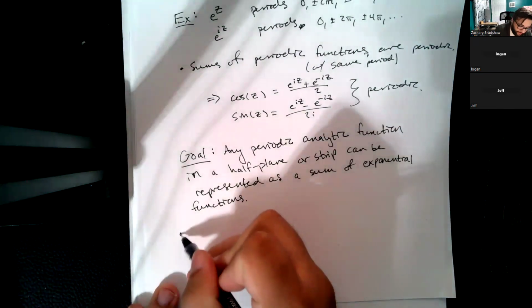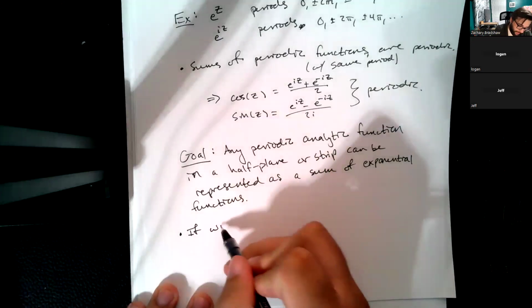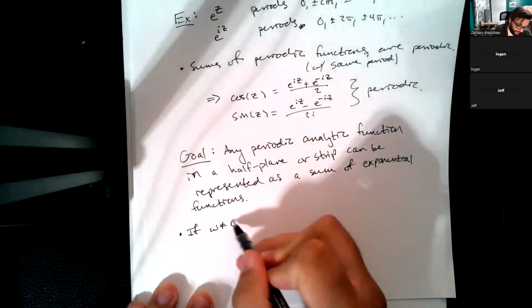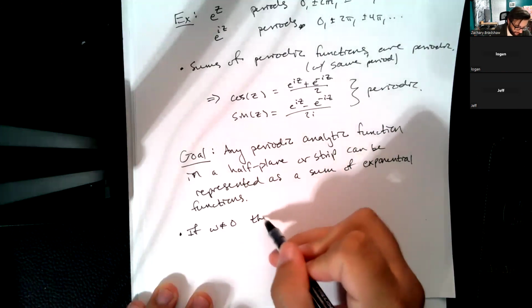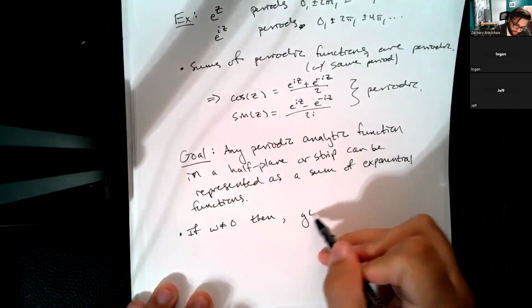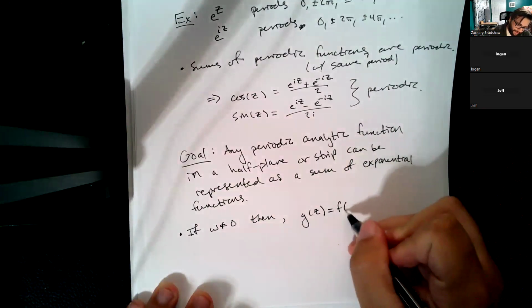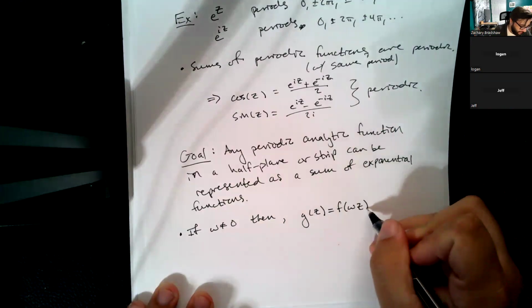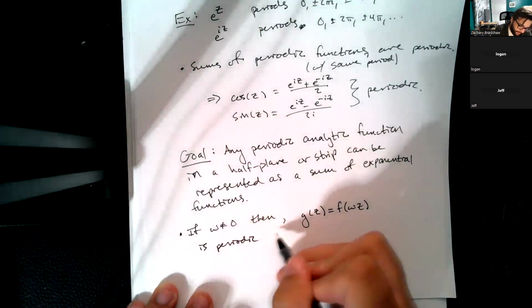So one thing we should note is that if the period omega is non-zero, then this new function g of z, which we define by f of omega z, is periodic with period 1.